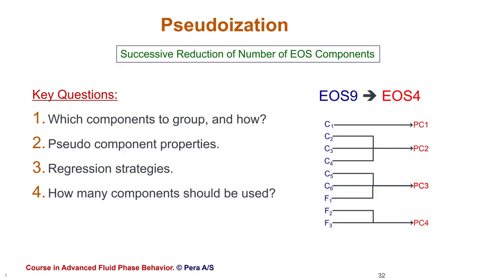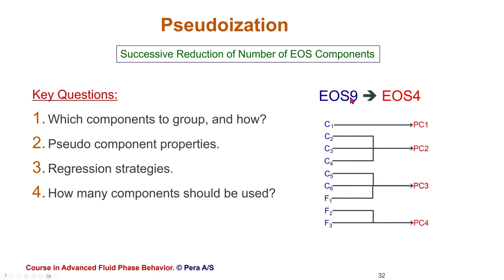Sometimes, especially when we are dealing with gas depleted reservoir, you need to reduce the number of components in order to make your compositional simulation model faster. So this is a connection between the fluid modeling and the numerical modeling. For example, your compositional analysis can have 9 components.